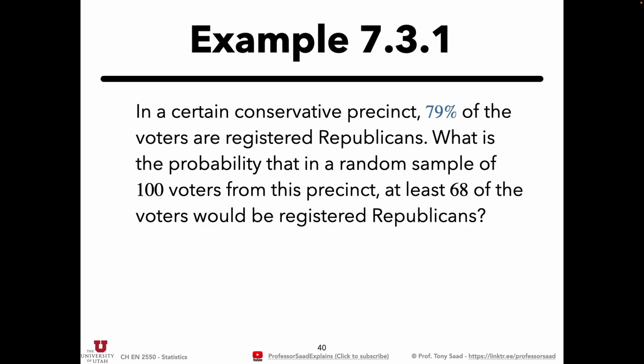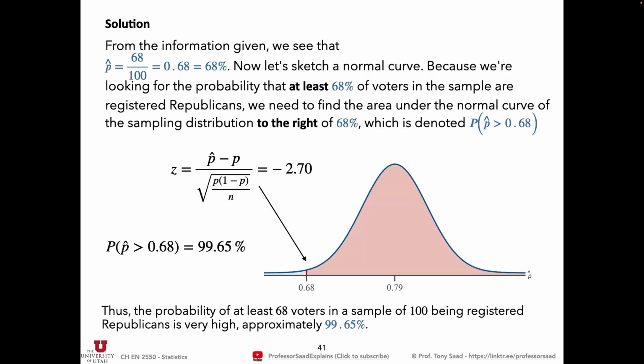If you pick 100 voters at random, what's the chance that 68 of those 100 would be registered Republicans? Since we're working with proportions, we need the sample proportion, which is 68 over 100. That's 68%, which gives you your P hat. Your P is 79%, and your n is 100.